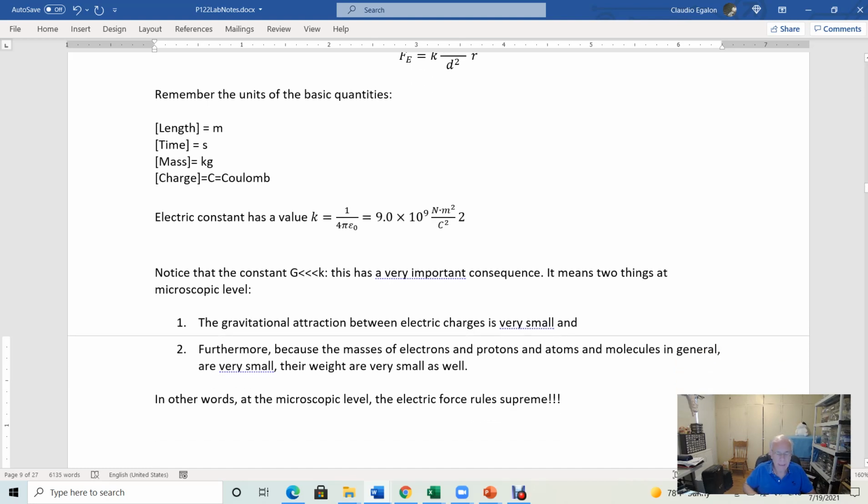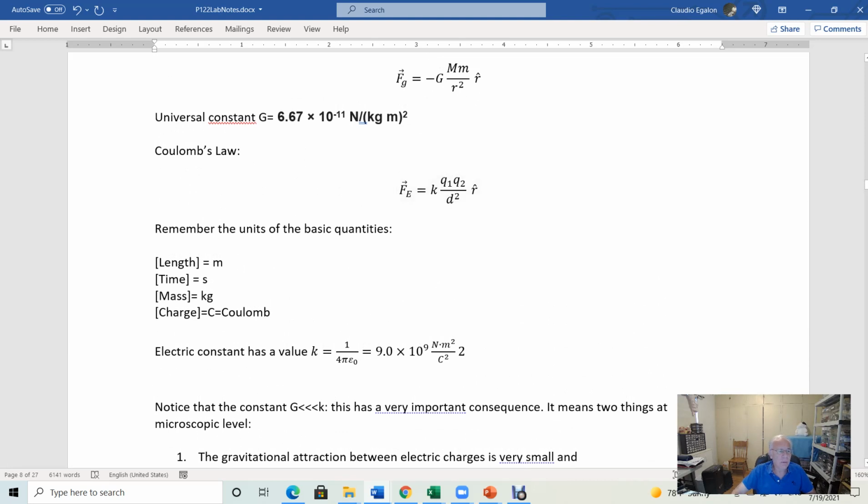Okay? You may neglect the gravitational force. Just take into account the electric force, which is given by Coulomb's law.